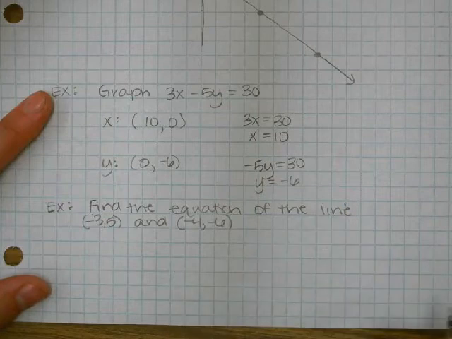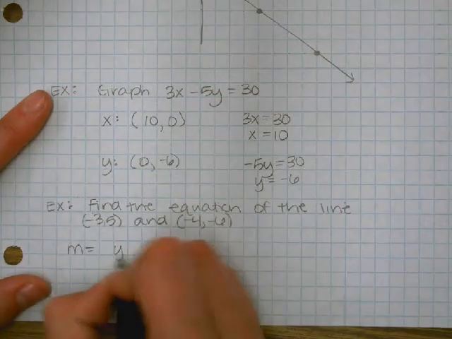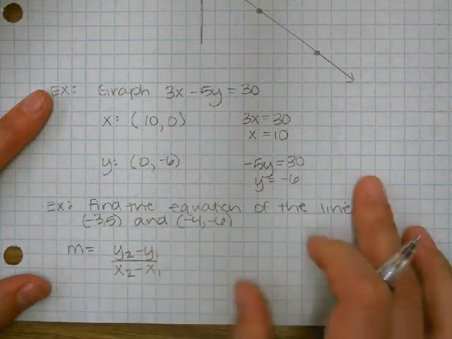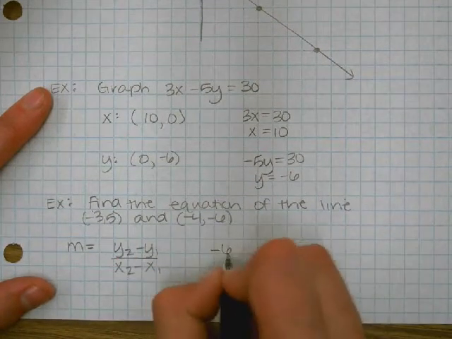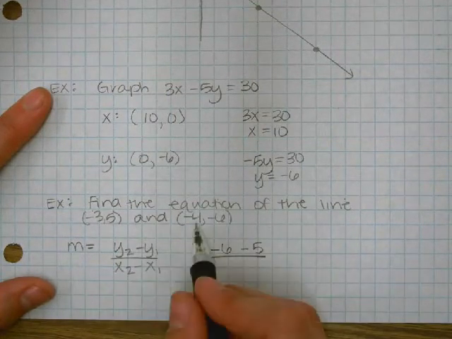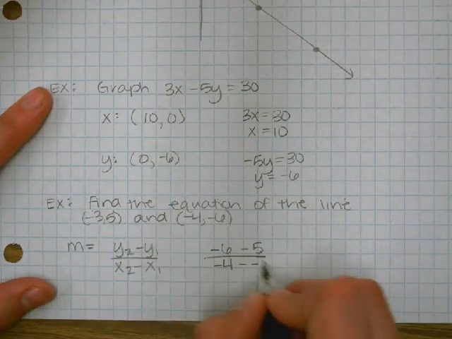So to do this, we need to remember our slope equation. So our slope equation is that slope is y2 minus y1 divided by x2 minus x1. And so that's just saying the y-coordinate for my second point, subtracting the y-coordinate for my first point, divided by the x-coordinate for my second point, subtracting the x-coordinate for my first point.